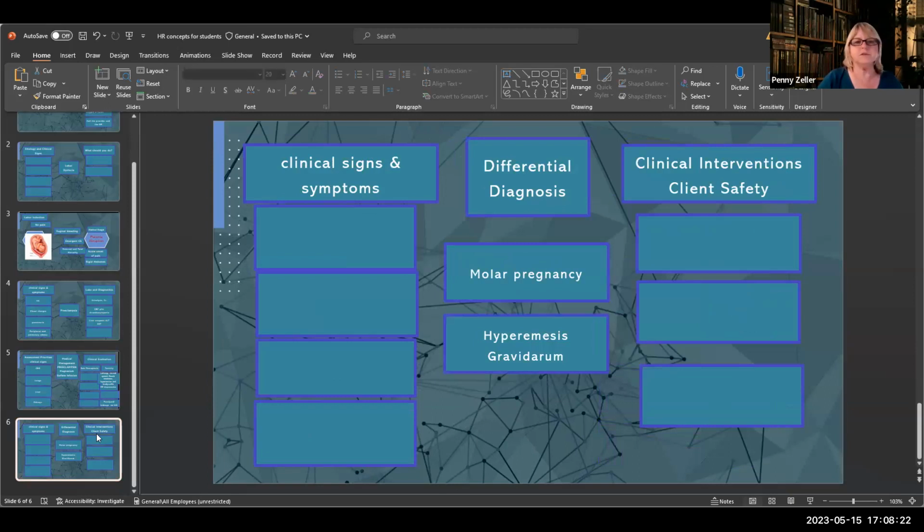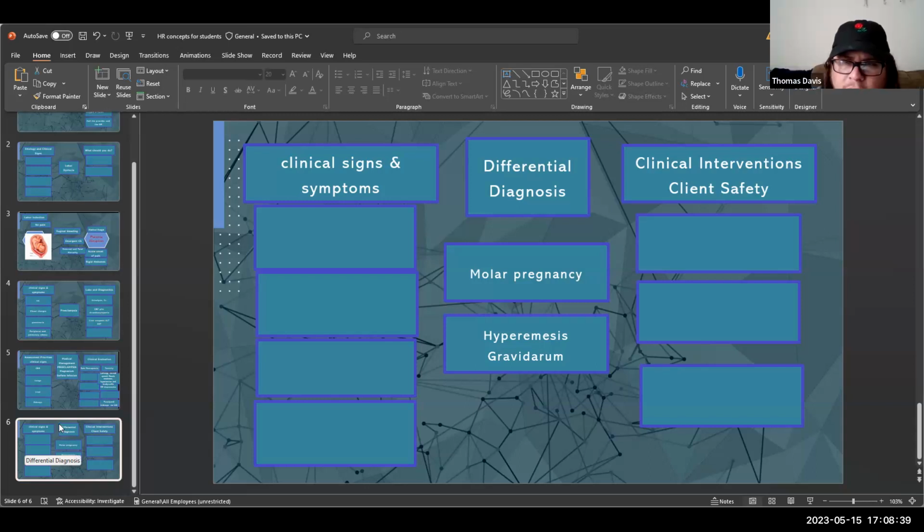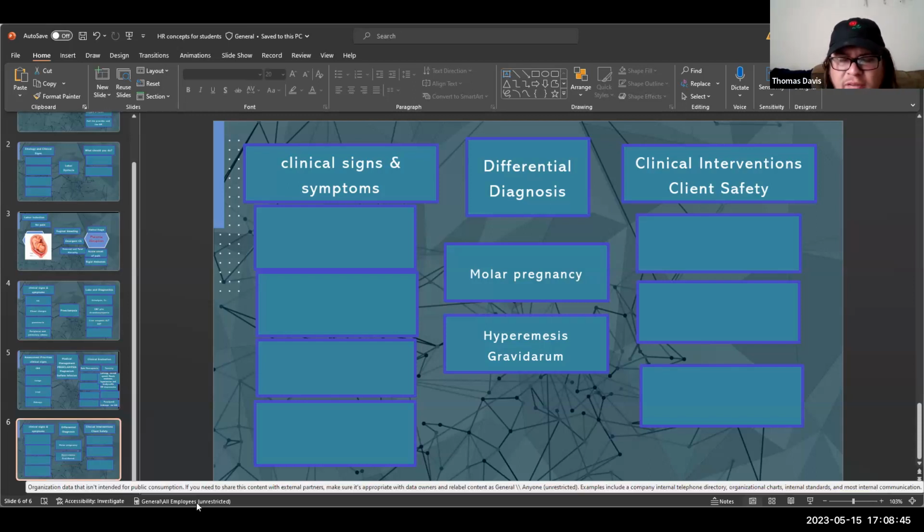Okay, so there are some things on the exam about molar pregnancies and hyperemesis. So how would you differentiate the two? What things would you see on a molar pregnancy that you might not find with hyperemesis? This molar pregnancy, that's not a real pregnancy.